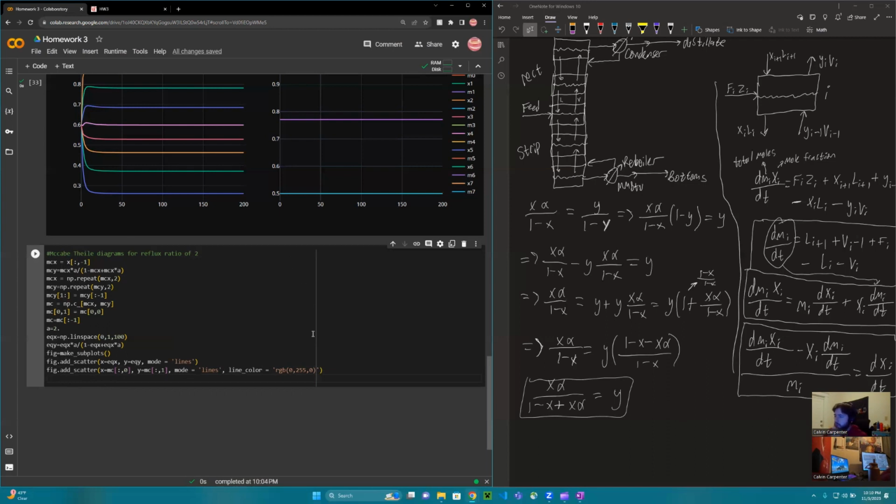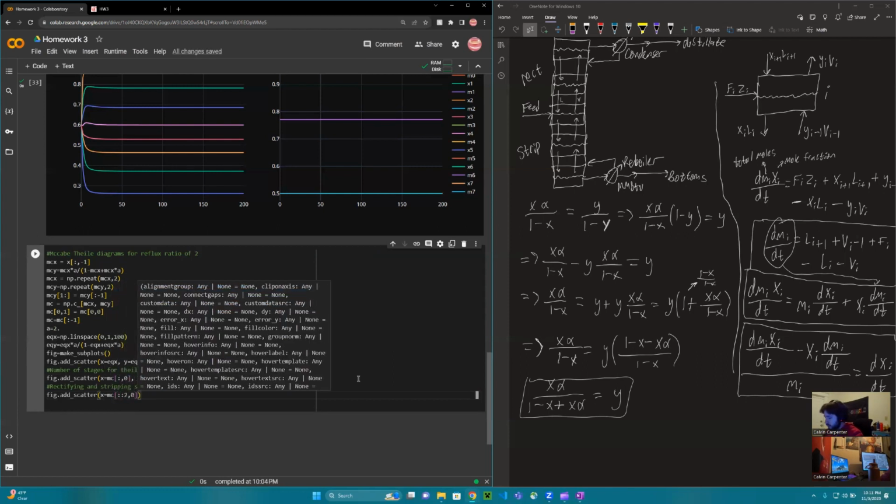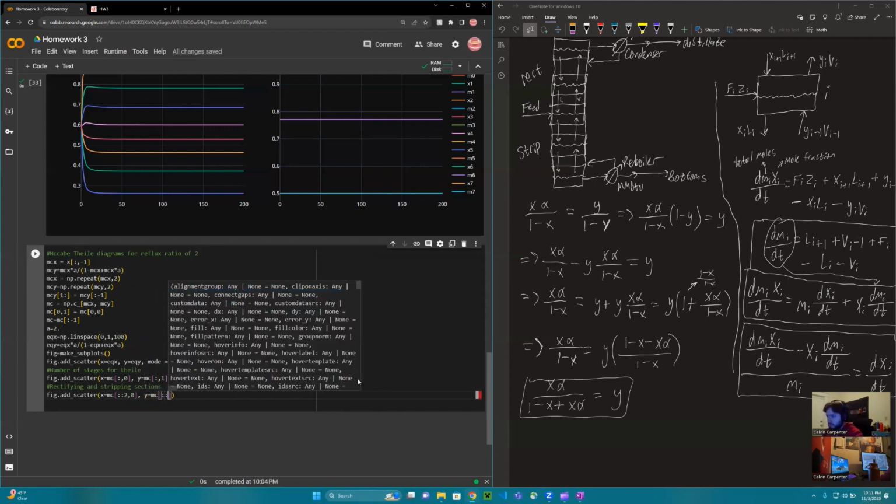Okay, so that line we just did there, we put a note in here, number of stages. Next one we will do is rectifying and stripping sections. So fig dot add_scatter, okay, and then y is equal to MC colon 2 comma 1.